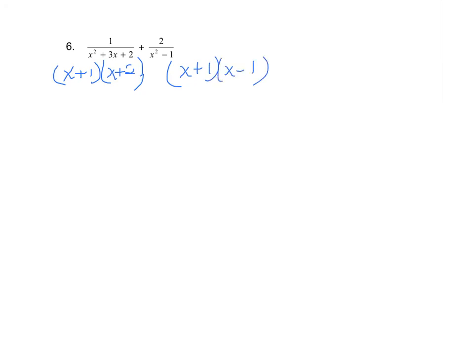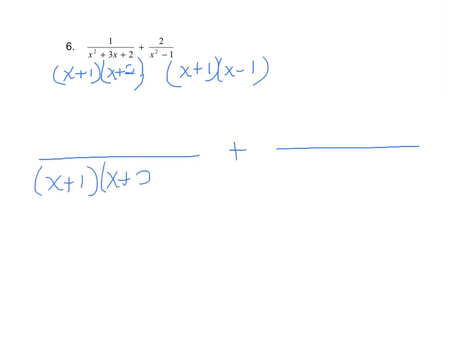So they both have an x plus 1 in common. If I give the left one an x minus 1 and the right one an x plus 2, they would have a common denominator. So that's what I'm going to use: x plus 1 times x plus 2 times x minus 1.